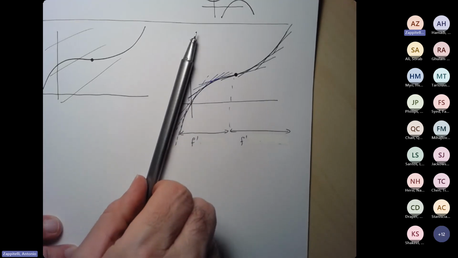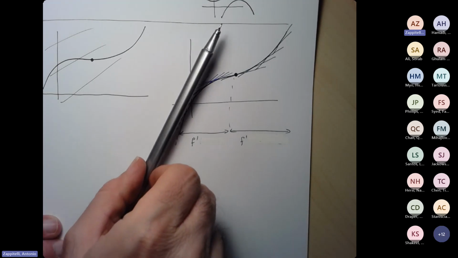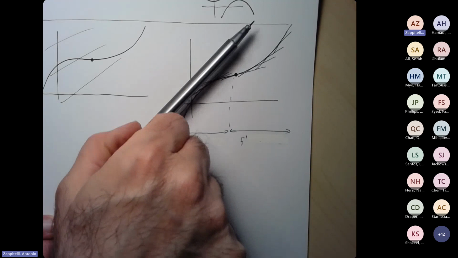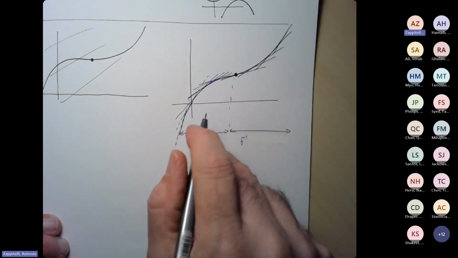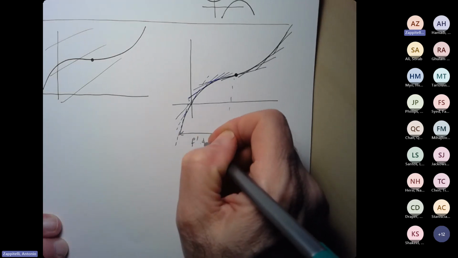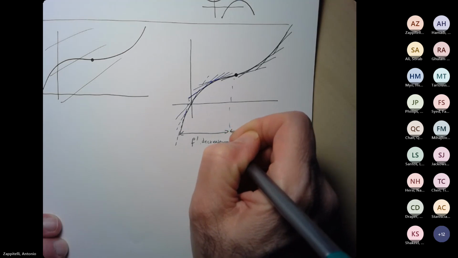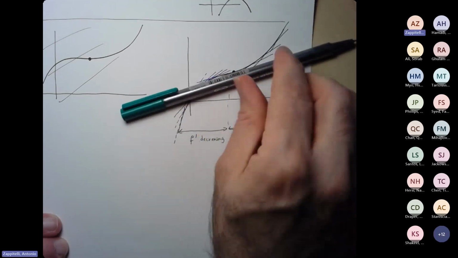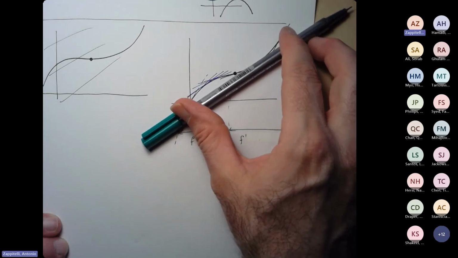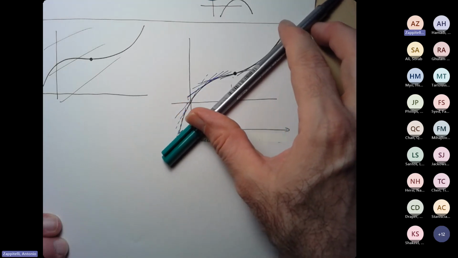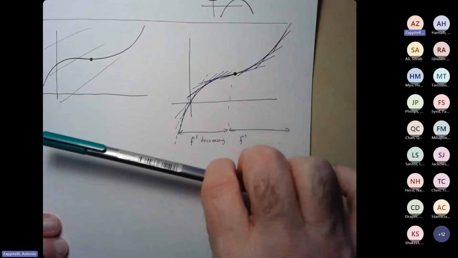So here you see how they're starting very positive and they're getting less and less positive. They're getting smaller and smaller and smaller. So that means the derivatives are decreasing here. And then at this point, you see how the derivatives now start increasing. Okay, so remember, I'm not talking about the function, I'm talking about the slopes of the tangents.